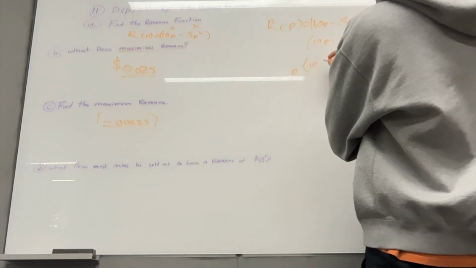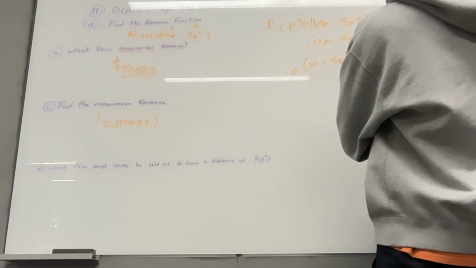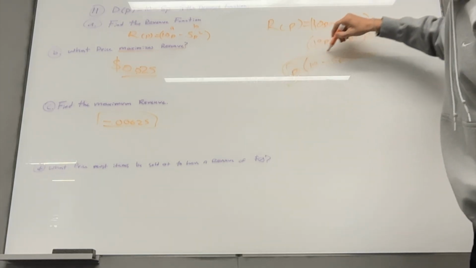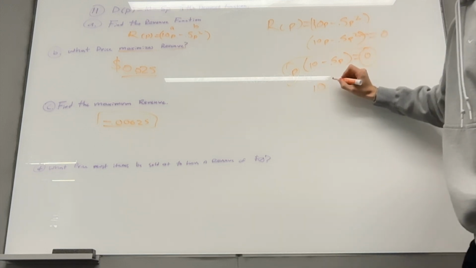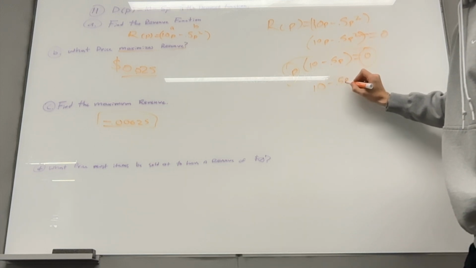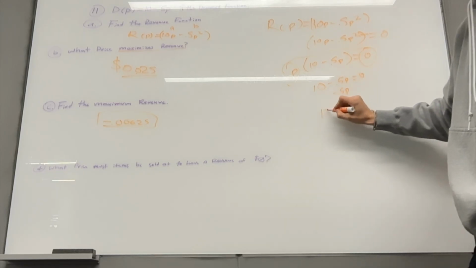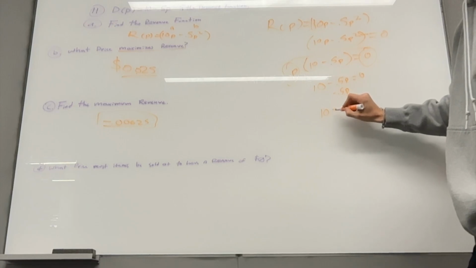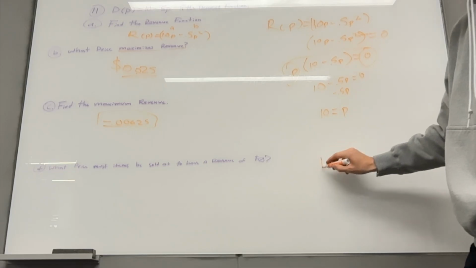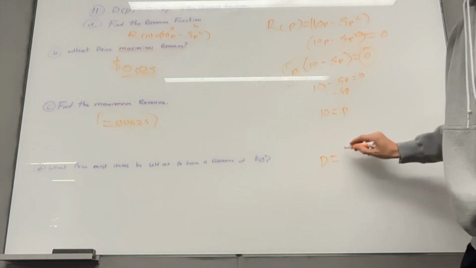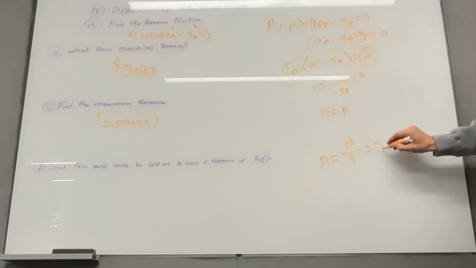So it would be 10 minus 0.5P equals 0. And then this one we don't need because it equals 0 since it's on the outside. And then we'll just solve for P. So 10 minus 0.5P equals 0, minus 0.5, which would make 10 equal P. So we want to divide them. So it'd be P equals 10 over 0.5, which would give us 20.